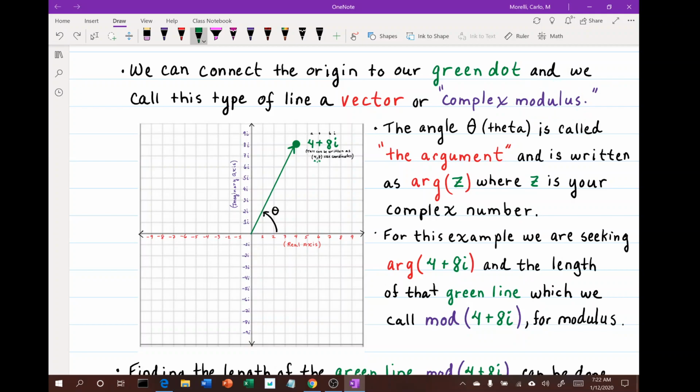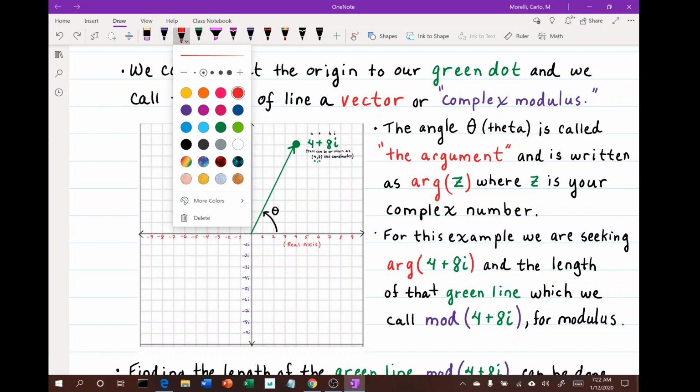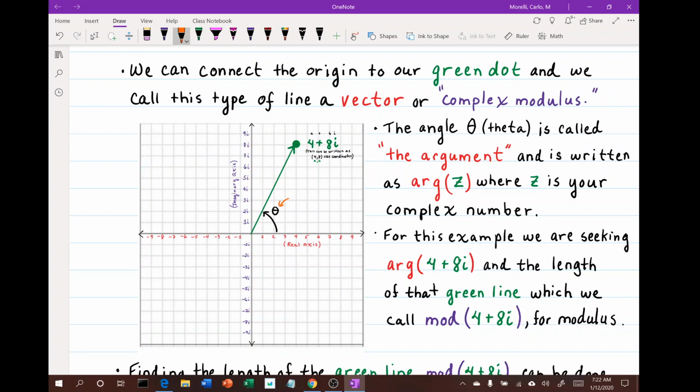So this angle, which that Greek symbol is called theta, just stands in for the angle. We don't know what the angle is, so we're just going to call it theta for now, kind of like x or y or z or m or n. It's just a variable name that we reserve for an angle measurement. The angle theta is called the argument. It doesn't have any special meaning, it's just the angle.